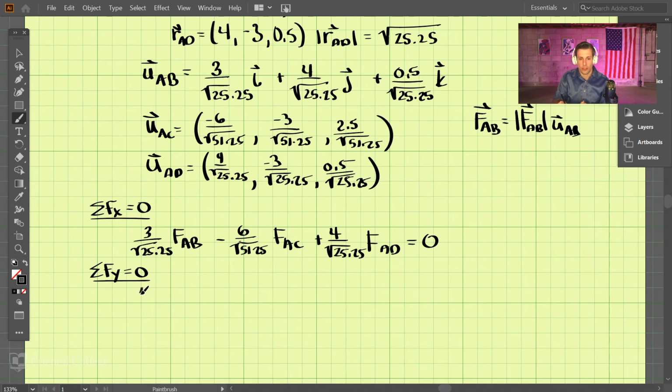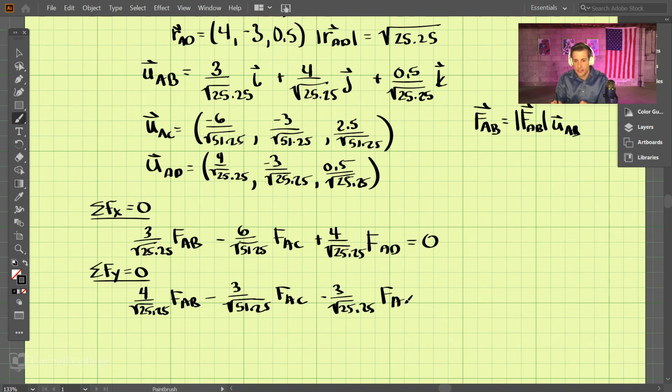So we go 4 divided by the square root of 25.25 FAB, minus 3 divided by the square root of 51.25 FAC, and then negative 3 divided by the square root of 25.25 FAD, and set that equal to 0.